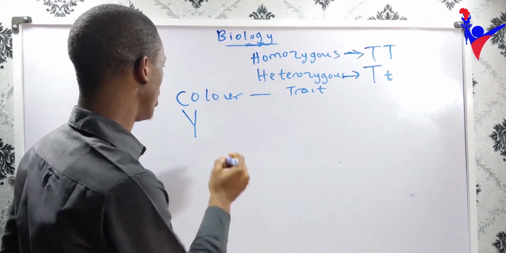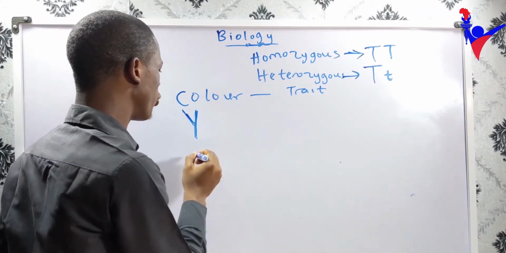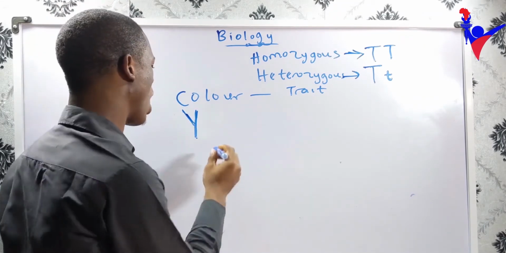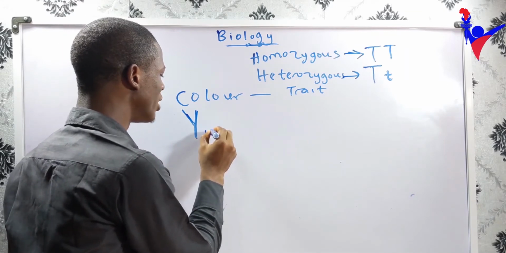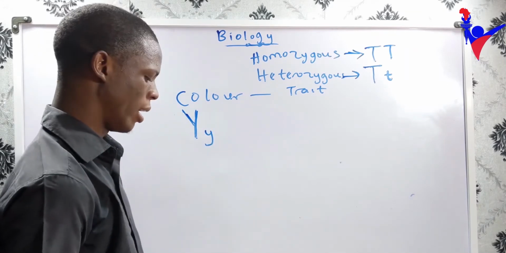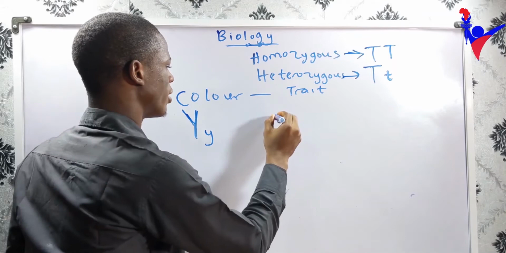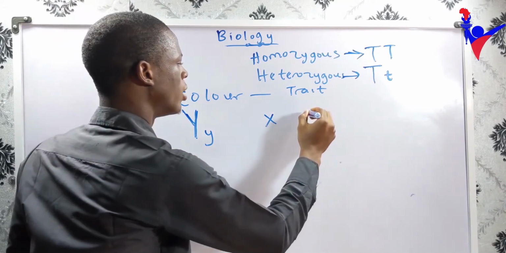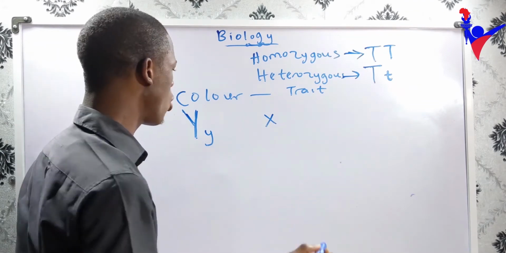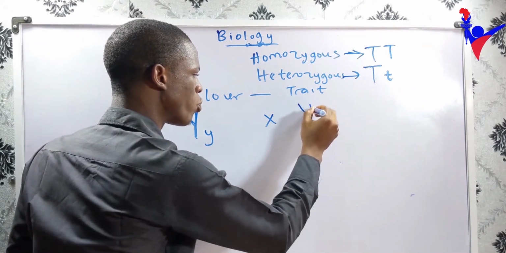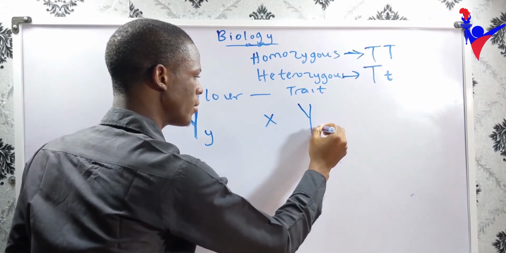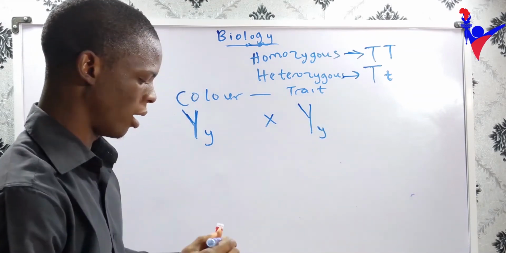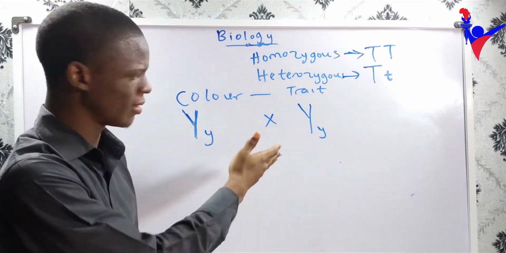So we have the dominant form for yellow color, which is Y, and the recessive form, which is small y, crossed with another heterozygous yellow plant, which is Y and y. So this is the first stage.